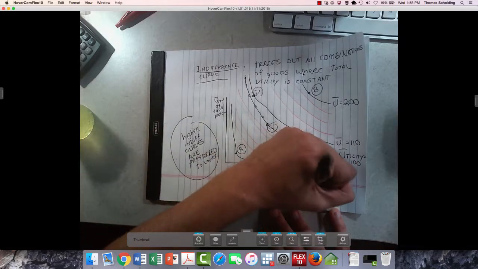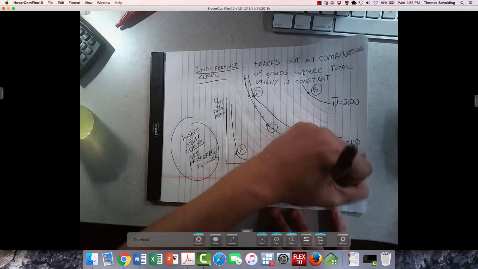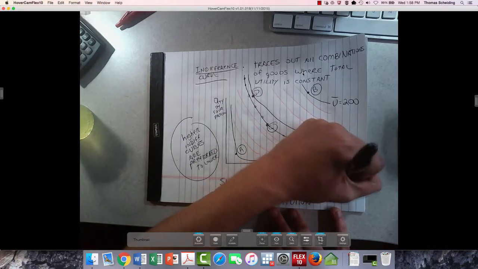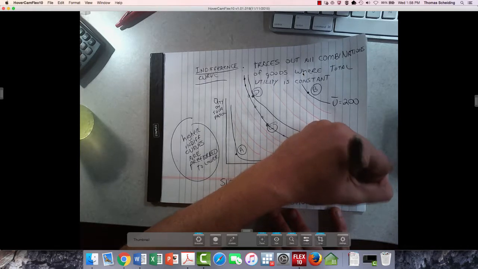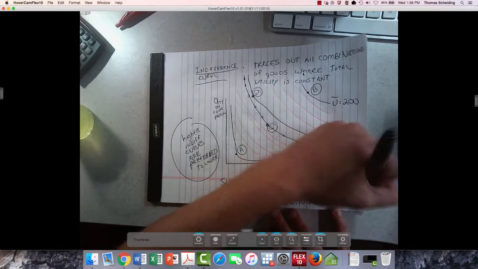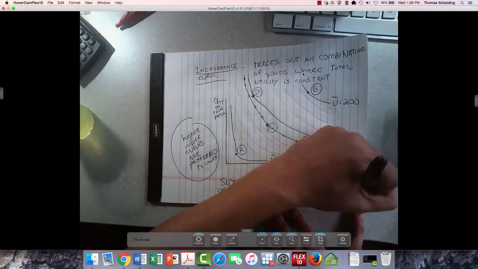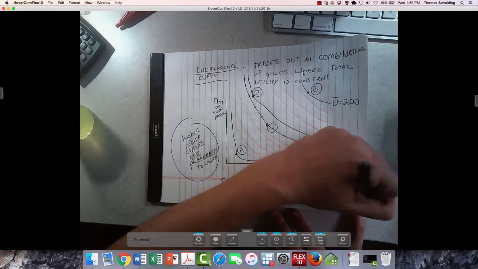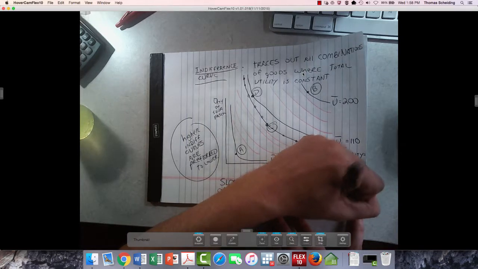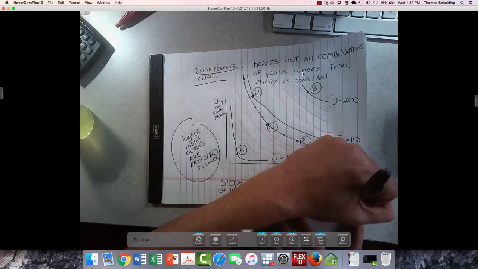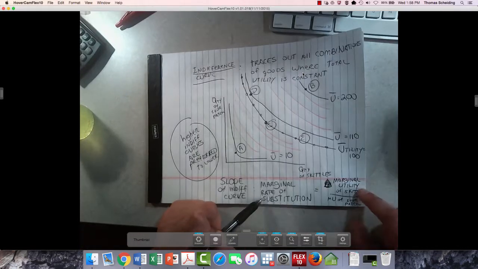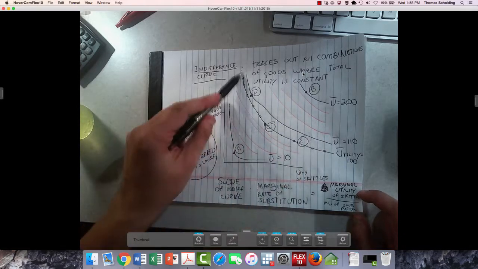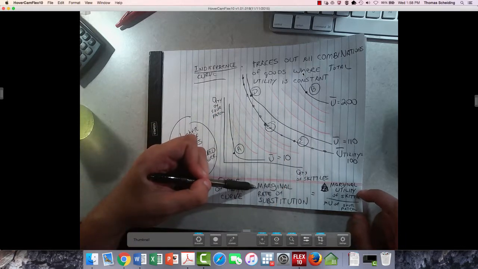The technical name for the slope of the indifference curve is the marginal rate of substitution.